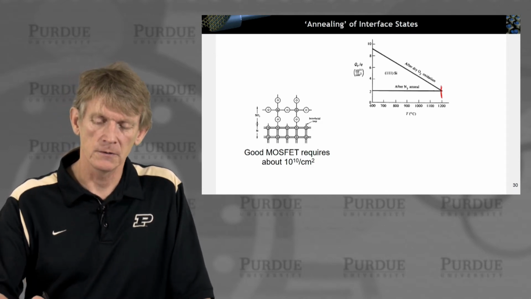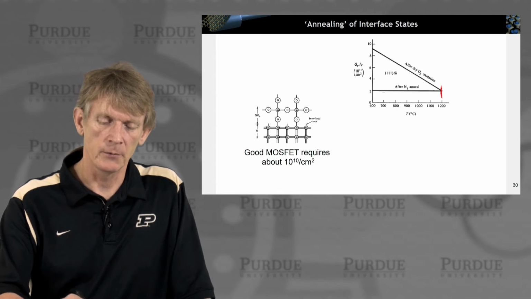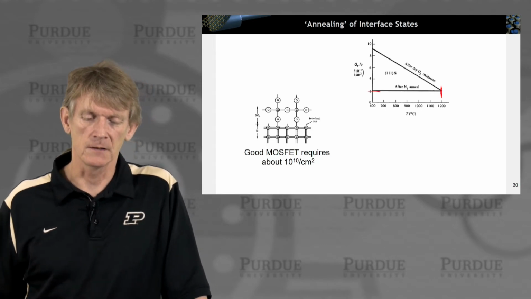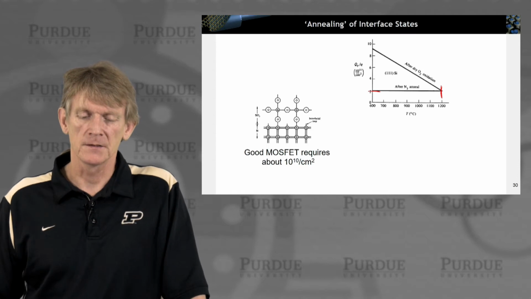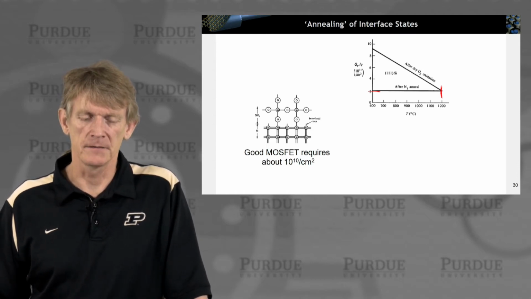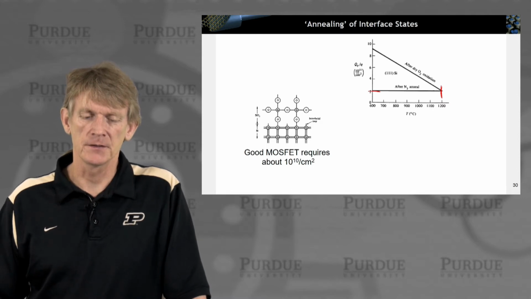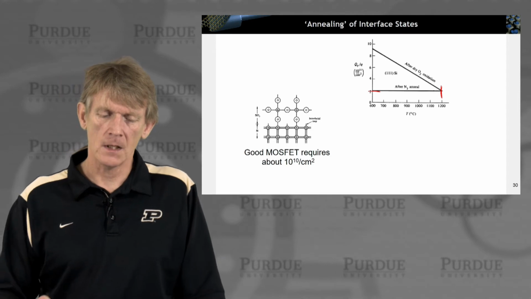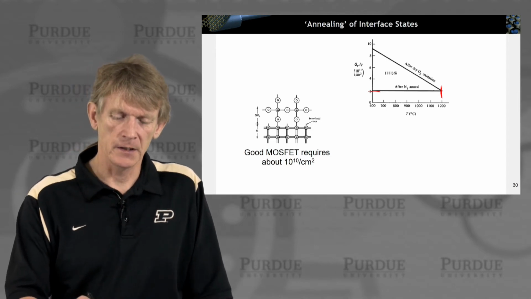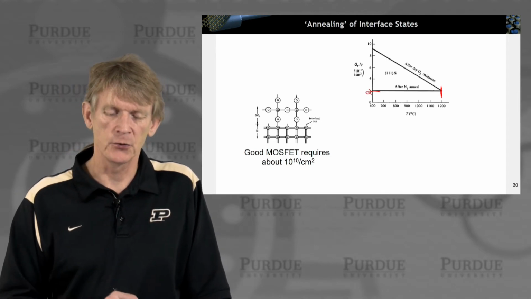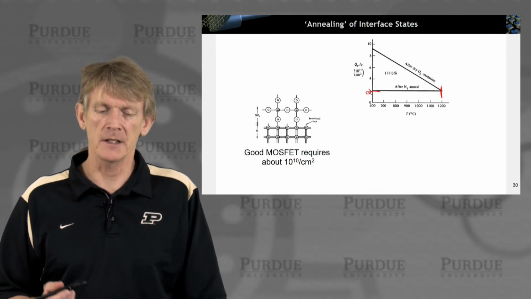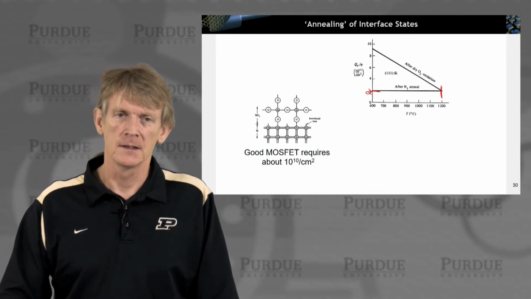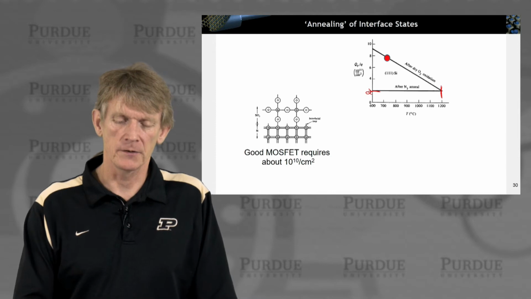So you can go down to lower processing temperatures, down to 600 Celsius, and have the same passivated bonds. This is data on a 111 surface, and the value achieved in this experiment is 2 times 10 to the 11. So it's already significantly lower than the 10 to the 14 we talked about.